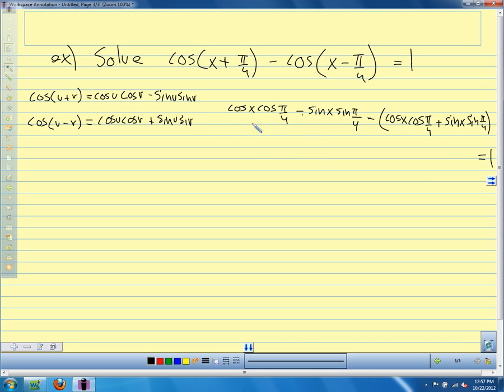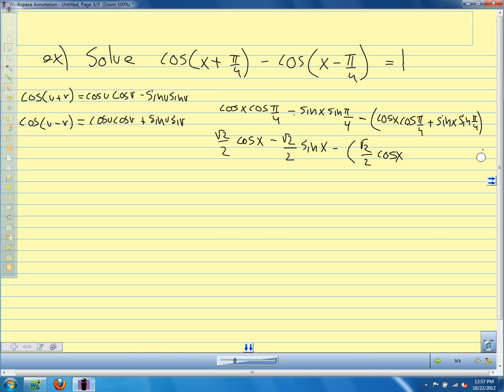All right. So the cosine of pi over 4, we can look on our unit circle and find, is square root of 2 over 2. The sine of pi over 4 is also square root of 2 over 2. So I get square root of 2 over 2 cosine x plus square root of 2 over 2 sine x, minus square root of 2 over 2 cosine x plus square root of 2 over 2 sine x.